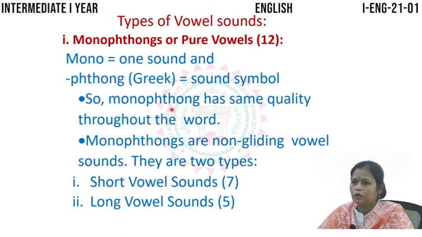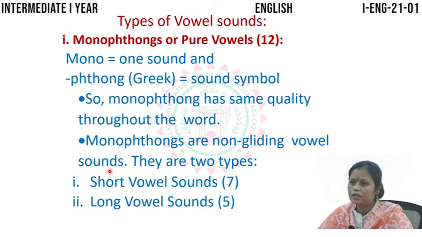So what is a monophthong? A monophthong is one single sound, which is represented by a symbol, and this has the same quality throughout the word. So there is no variation when we pronounce monophthongs, and that's why monophthongs are also known as non-gliding vowel sounds.